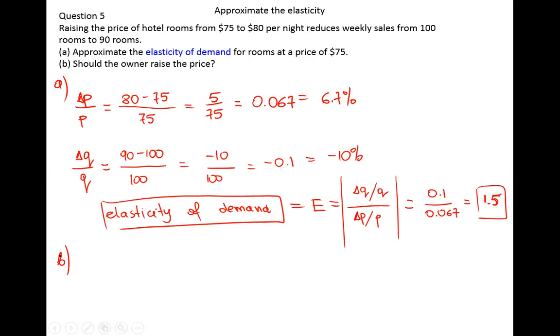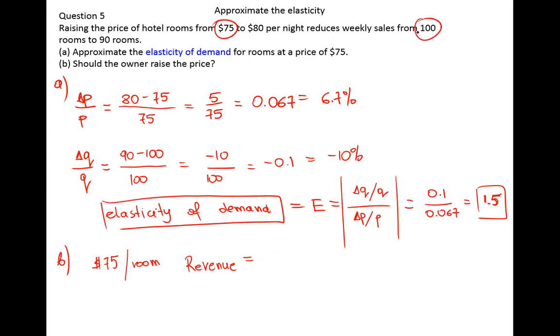Now the question is if the owner should really raise the price. That means what's happened? If the price was $75 per room, the revenue, can you tell me what is the revenue? The revenue was simply 75, and he was selling 100 rooms.